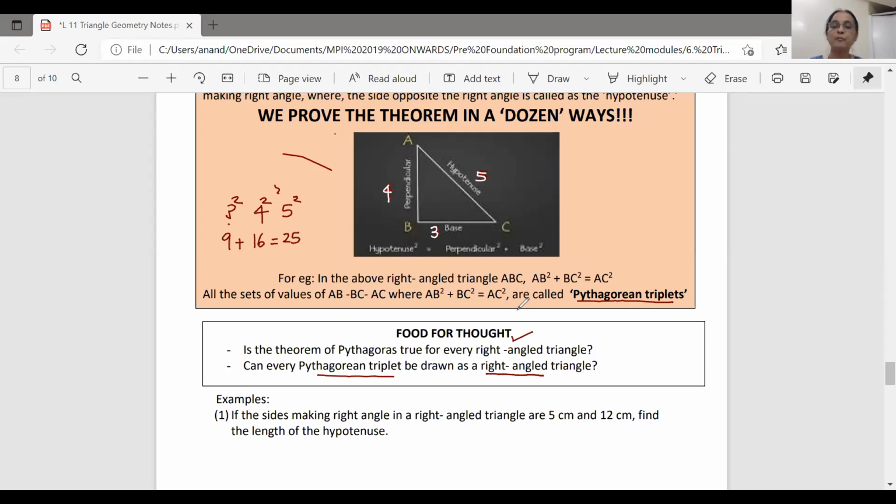Now you're not audible. Your sound is breaking. Wait. Madam's connection is not strong today, so she is getting disconnected.